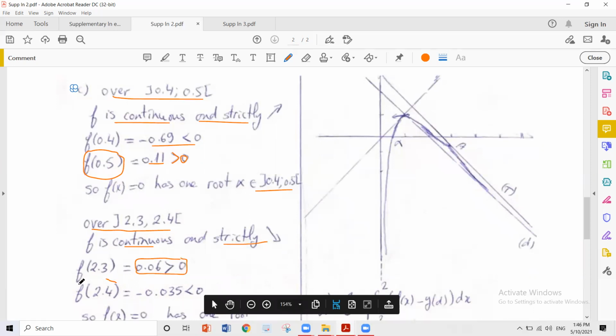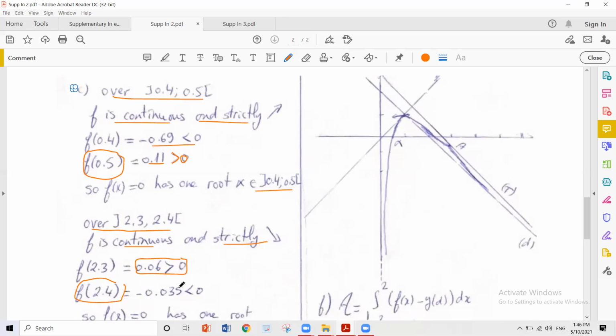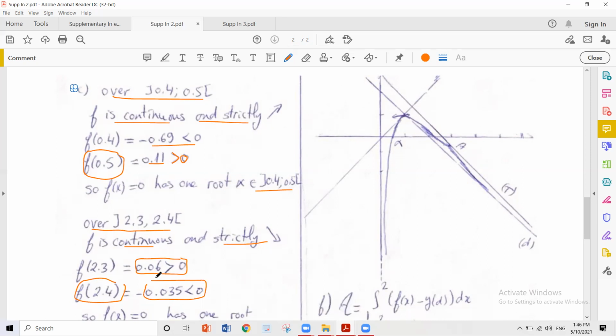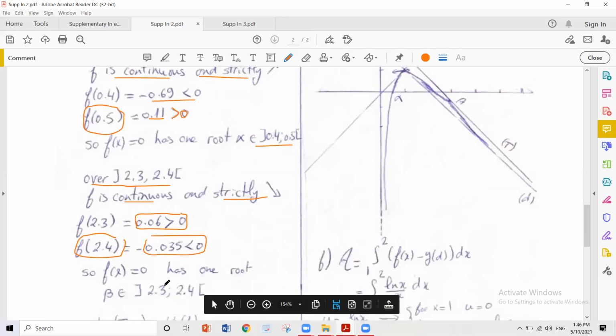F of 2.4 equals minus 0.035, which is negative. Means f(x) equals 0 has only 1 root beta belongs to 2.3, 2.4.